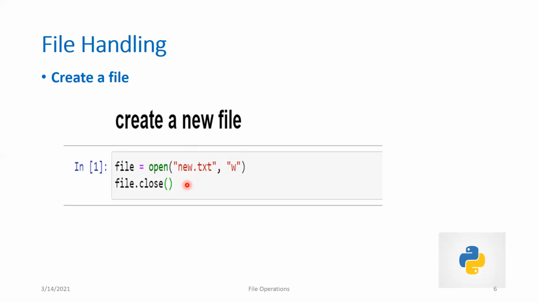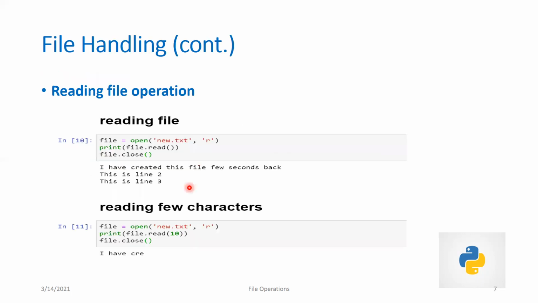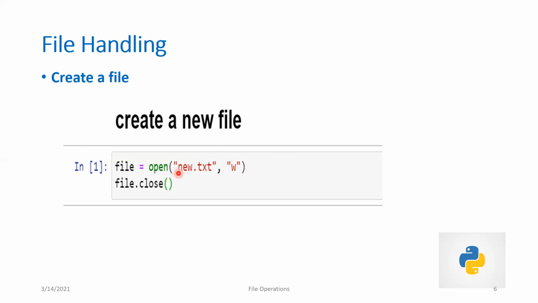When I create this file, it will be stored in the default location, that means where my Jupyter is located on my desktop or laptop. If you did not mention the location, it will be stored in the default location, though there can be a choice where you want to store the file. How to set the location in these commands, we will see in the coming slides.